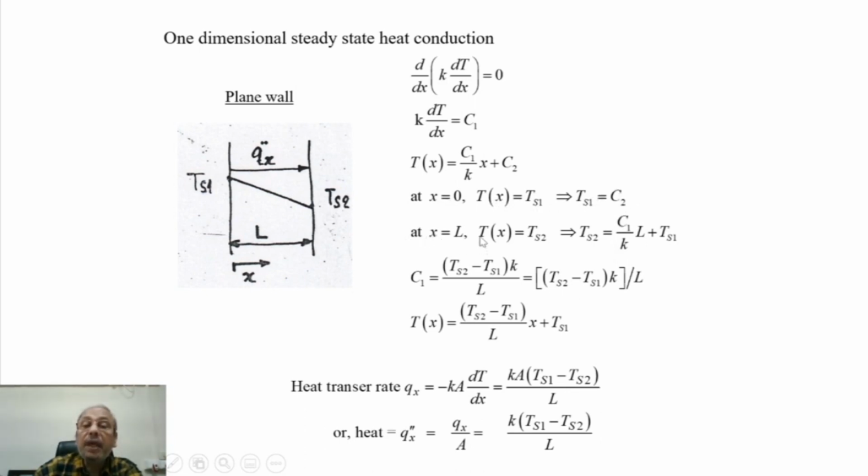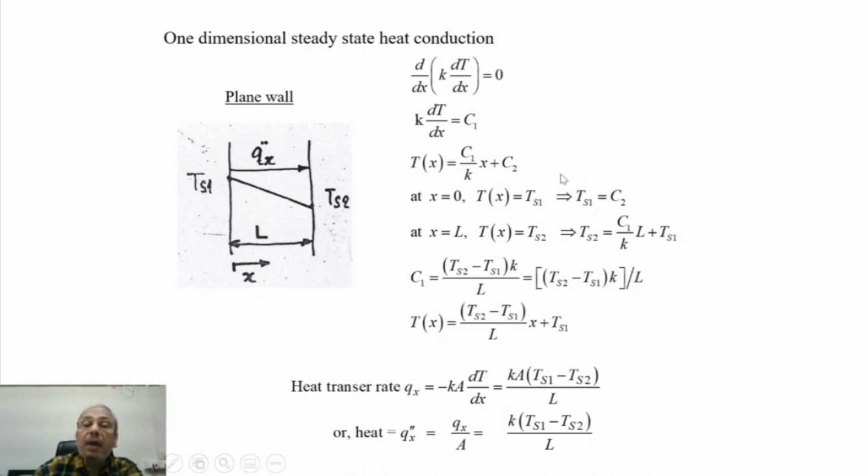At x equal to L, T is Ts2, so Ts2 is (C1/k) L plus Ts1. So from these two relationships, we can find C1: (Ts2 minus Ts1) by L, into k, or (Ts2 minus Ts1) into k divided by L.